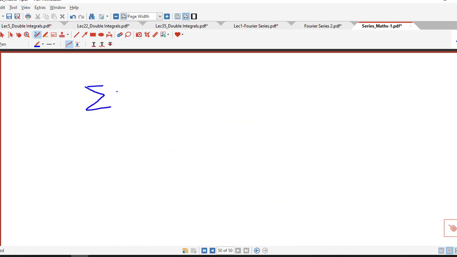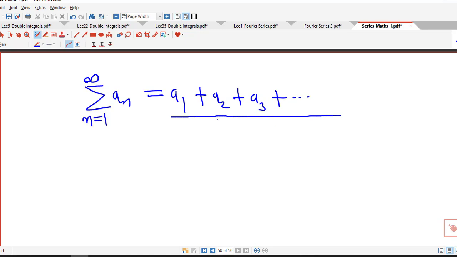Suppose we have this infinite series sigma an, which is a1 plus a2 plus a3 and so on. We want to discuss the convergence and divergence of this series. If we add all the possible terms of this series and this infinite sum is finite, then we say that the series is convergent.